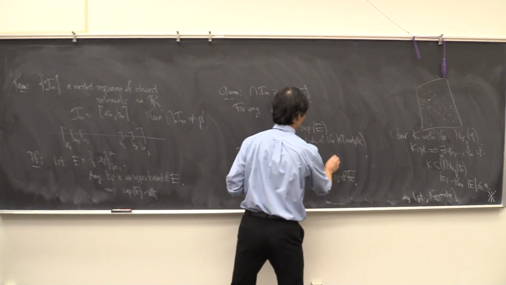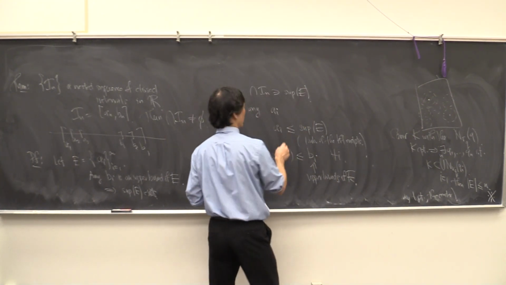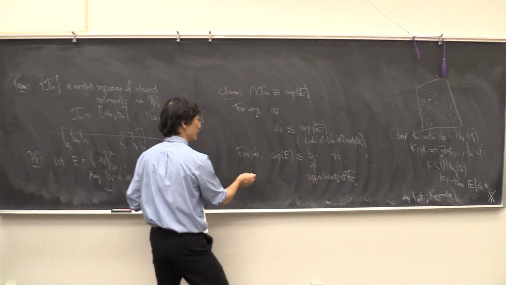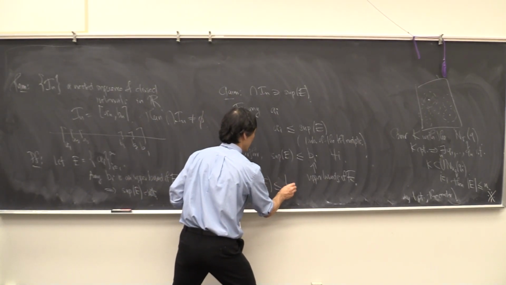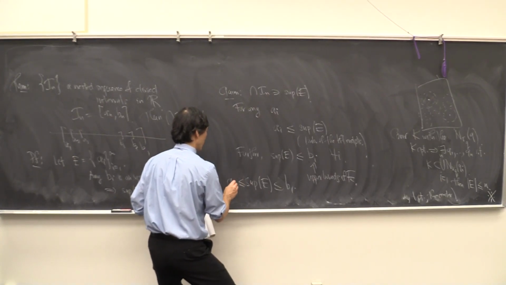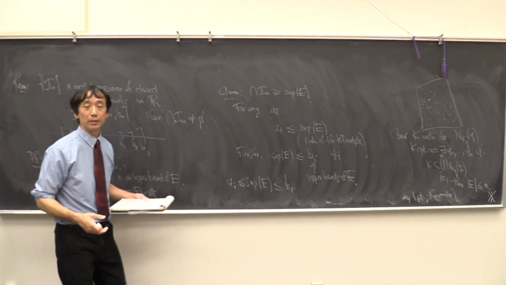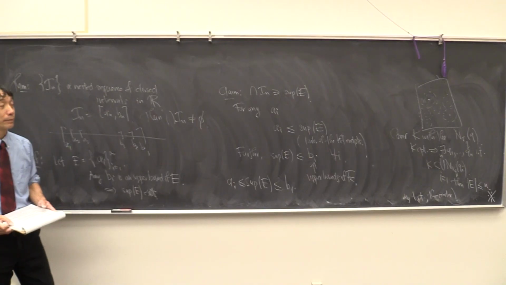So this holds for all i. So what do we have? The supremum of E is in every interval, and so it's in their intersection.